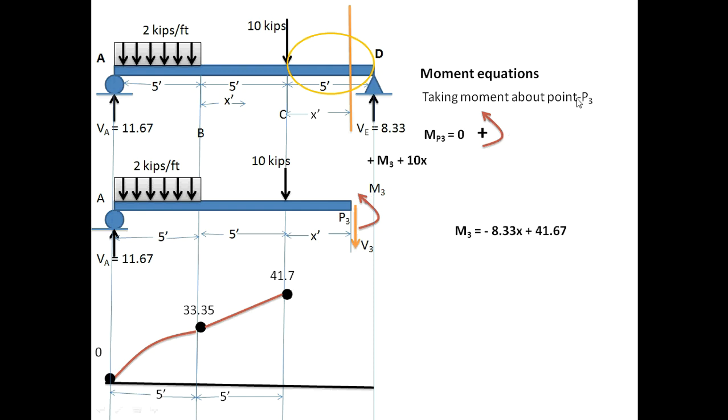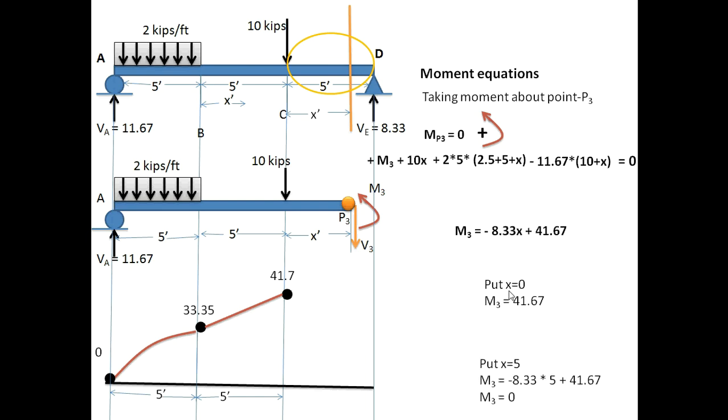We are taking moment about point P3, and this is the UDL force, and half of this 5 plus x is the moment arm, and this is the reaction. 11.67 multiplied by 5 plus x is the moment arm, taken as negative because this creates clockwise moment about point P3. And arranging this equation I will get the equation for moment for this region.